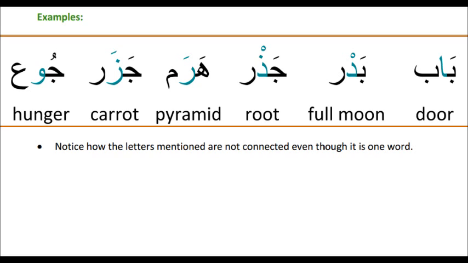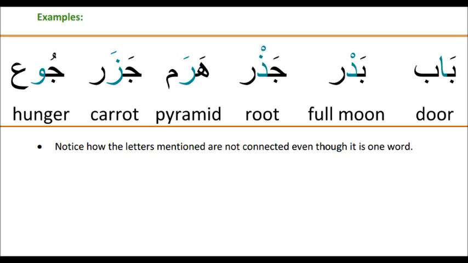Okay, and the reason why these letters cannot be connected, I don't really know, but I guess that the reason is that they could be then confused with some other letters. For example, if we would just connect the alif, it would look like a lam, and we could not really then differentiate and know if it's an alif or a lam. Or for example the letter dal, if we connect it, it will look like a noon, and things like that.